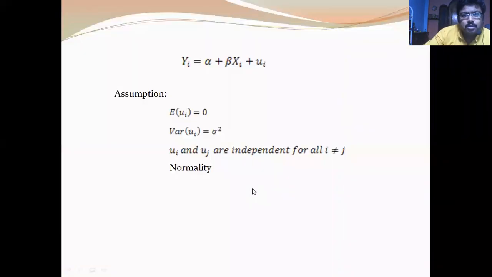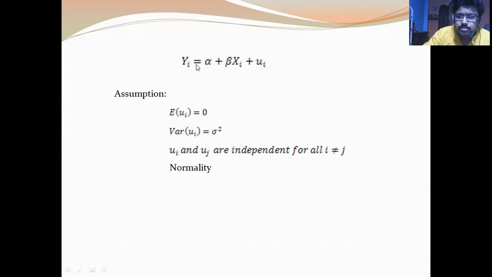So this is the regression equation where y is the dependent variable, and x is the independent variable, and this is the error term, the disturbance term, and this is the intercept term, and this is the coefficient.